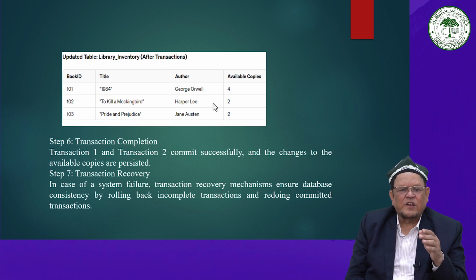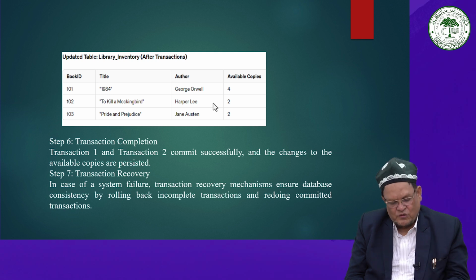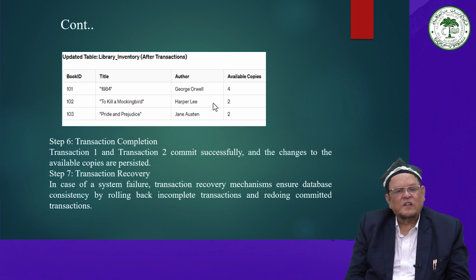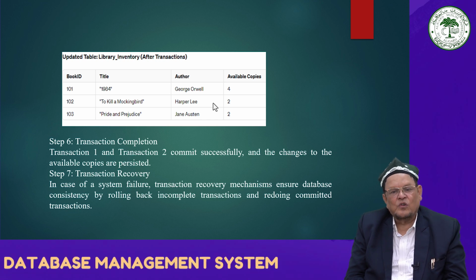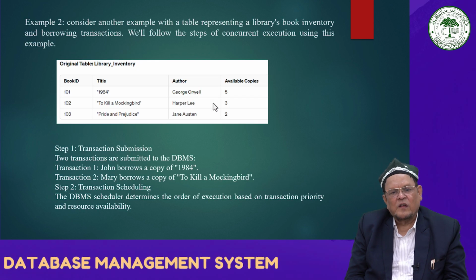You can see on the screen, after the transactions, book ID 101, 1984, the copies will become 4. The 3 will become 2. Previously it was 5, 3, 2.